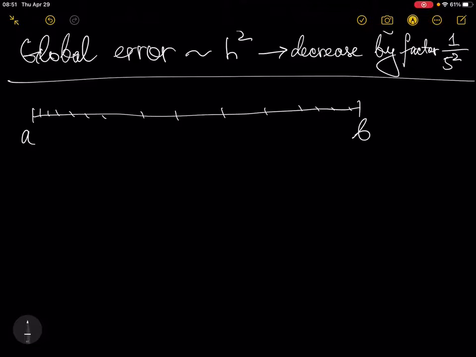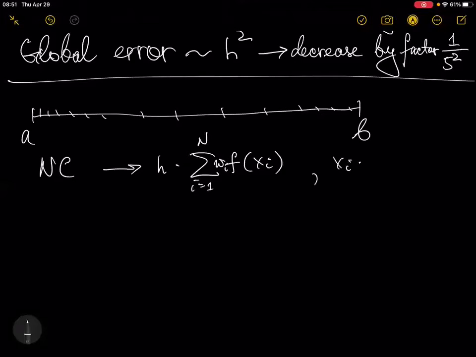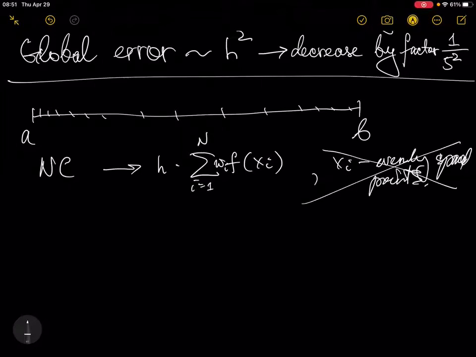So for Newton-Cotes we used some h multiplied by a sum, with f of x_i, i goes from 1 to n, and x_i were evenly spaced points. Now the question is, if I do not consider evenly spaced points, can I do better?